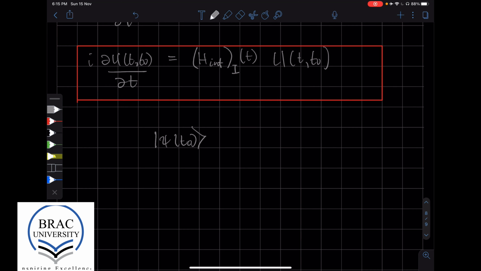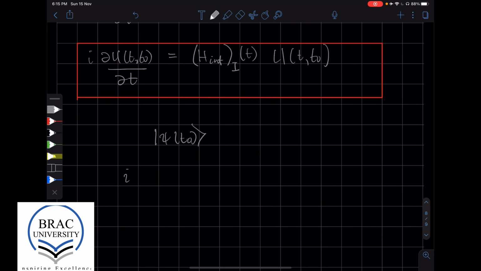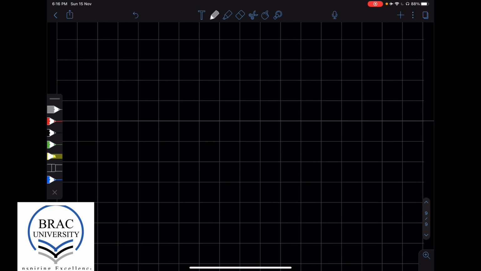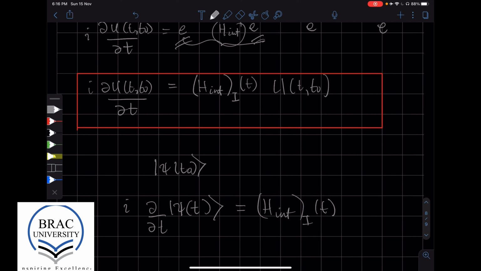If you apply this equation to the state, what we get is i d by dt of psi as a function of t is equal to H int of I times t acting on psi of t.